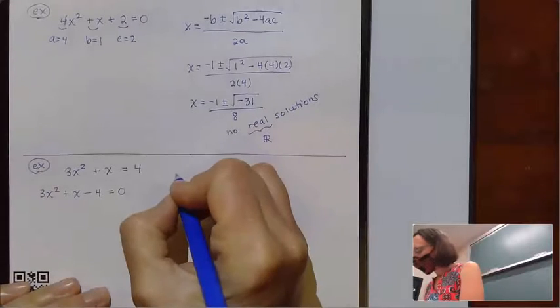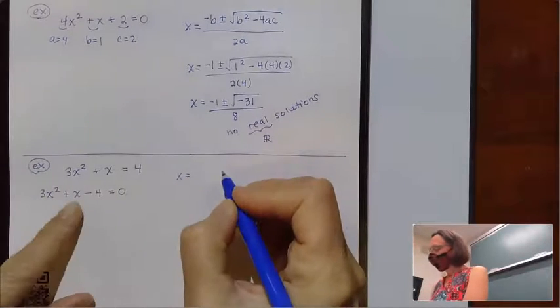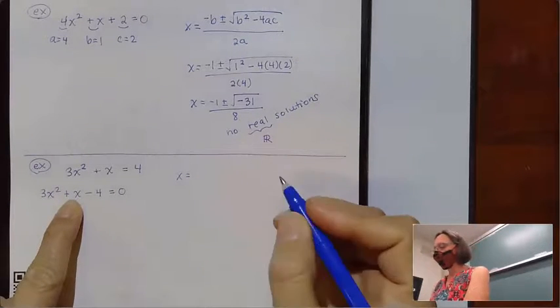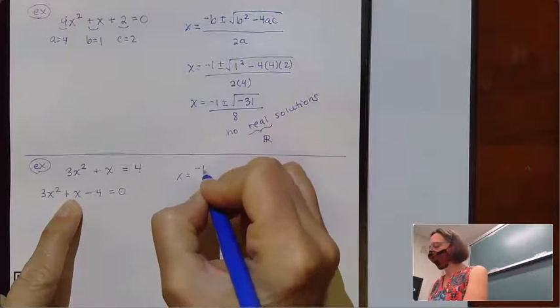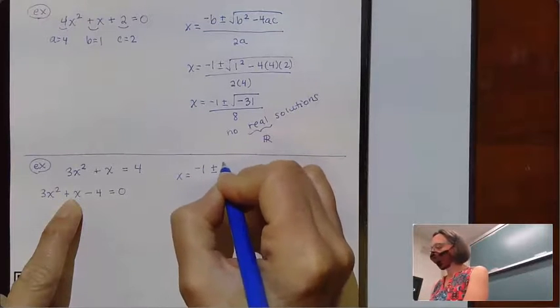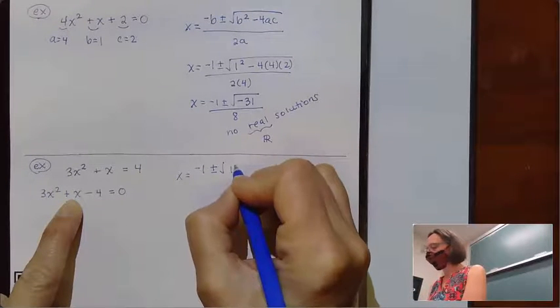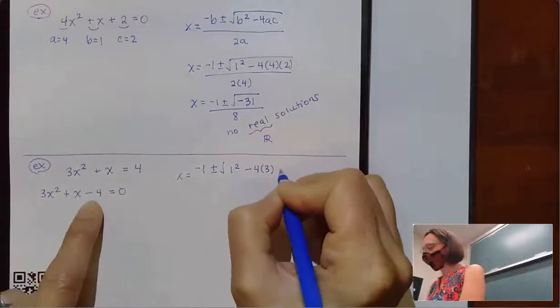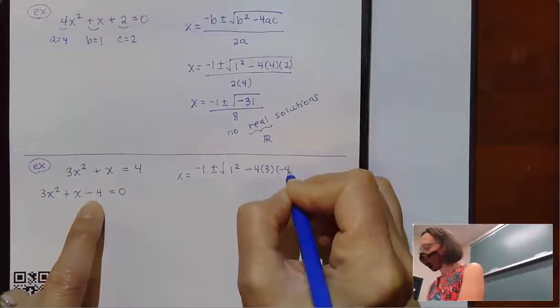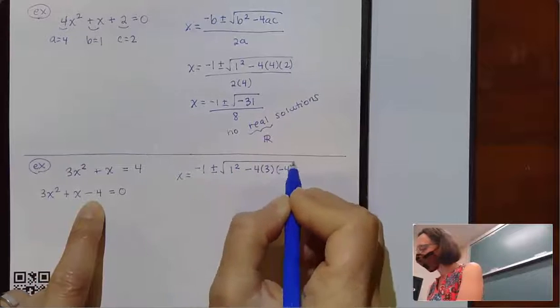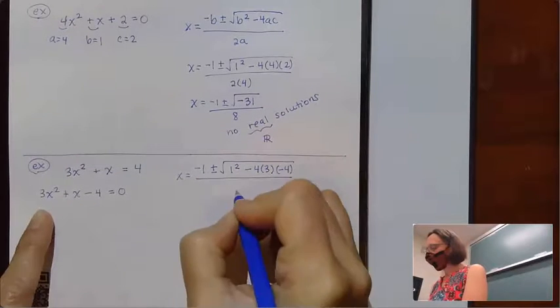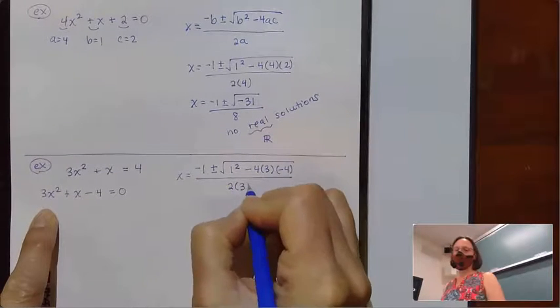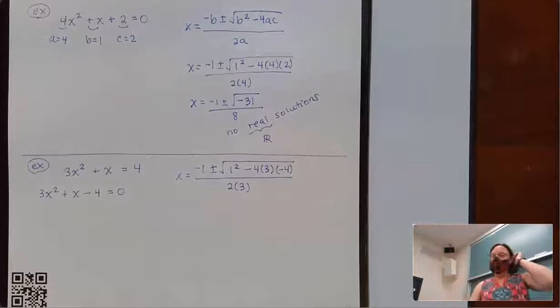When I go to put that into quadratic formula, then my b is a positive 1. So I'll have negative 1 plus or minus the square root of 1 squared minus 4 times a times c, all over 2a.